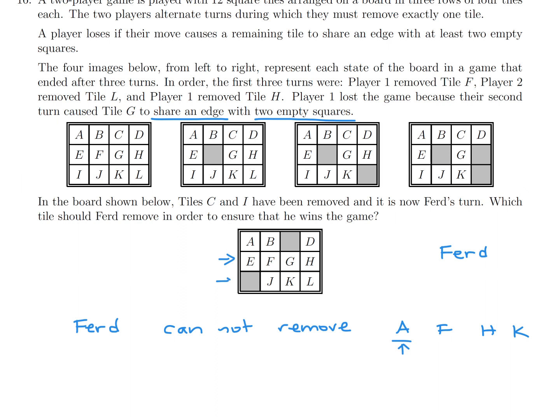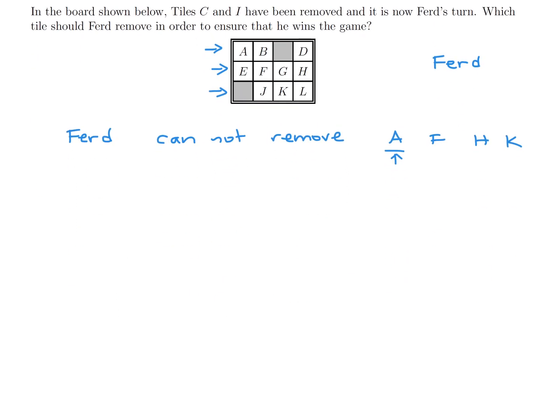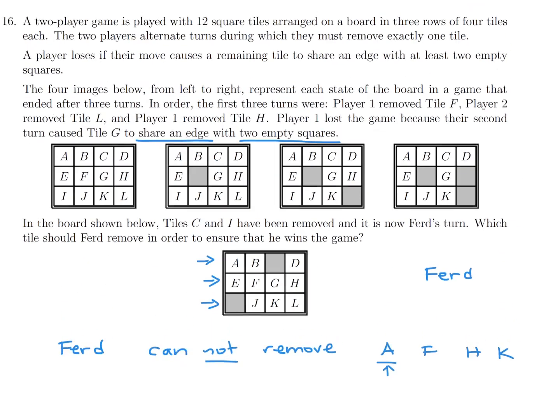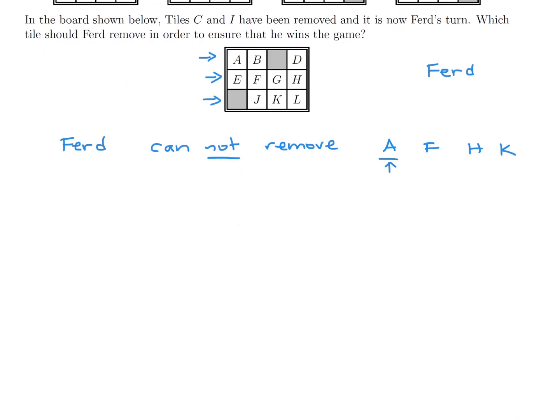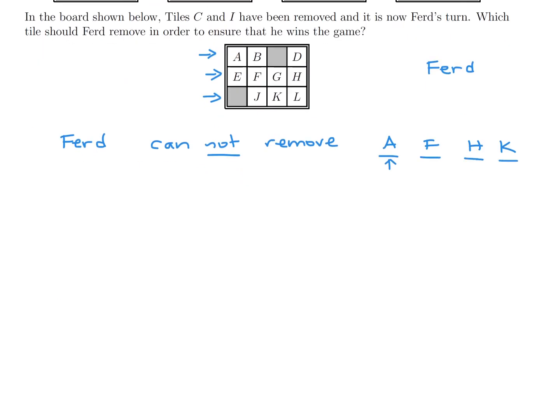The empty square here and the empty square there when A is removed. So Ferd cannot remove those, because if he does, he loses the game. And that's the definition, I think, that a player loses if their move causes a remaining tile to share an edge with at least two empty squares. So that's established. So these four tiles, Ferd can't remove them, because if he does, he'll lose the game, and we want him to win the game.